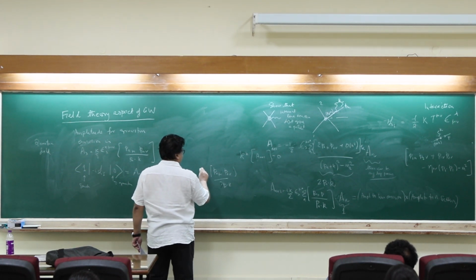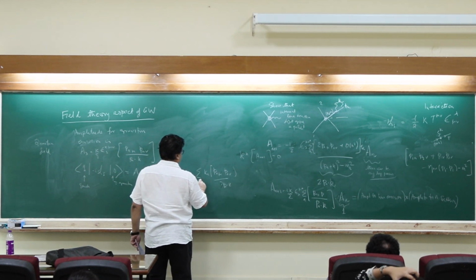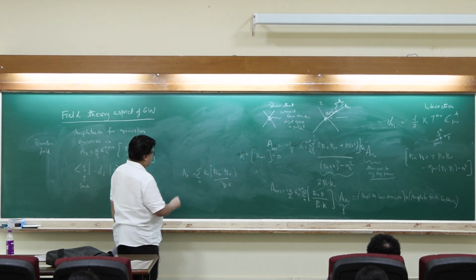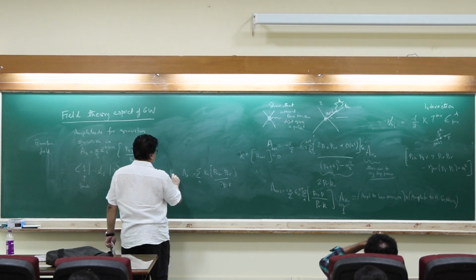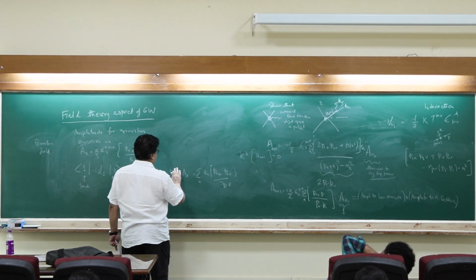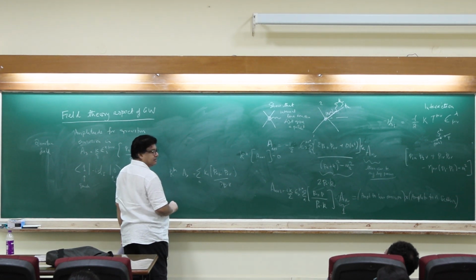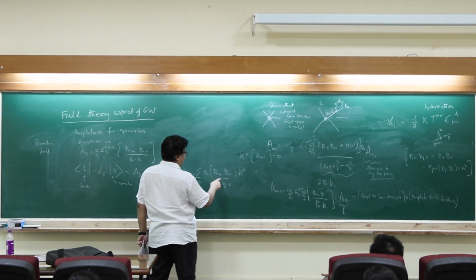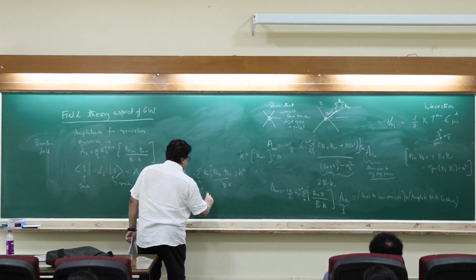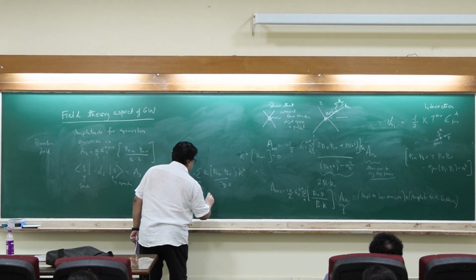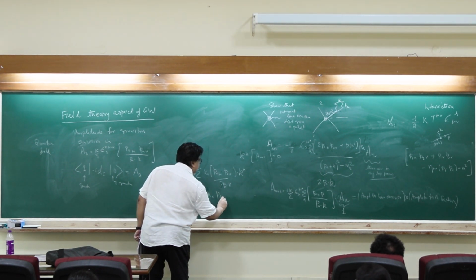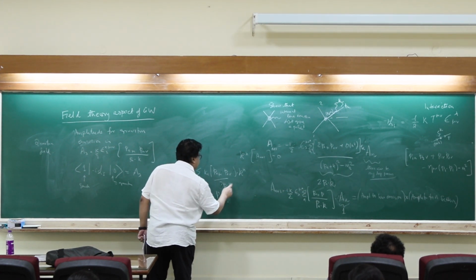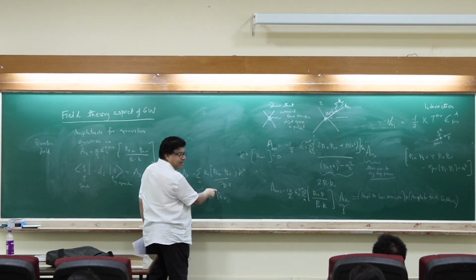And I have a kappa_A here. So I multiply this with K mu. Then this will give me just kappa_A P_A, because K dot P will cancel with the denominator.